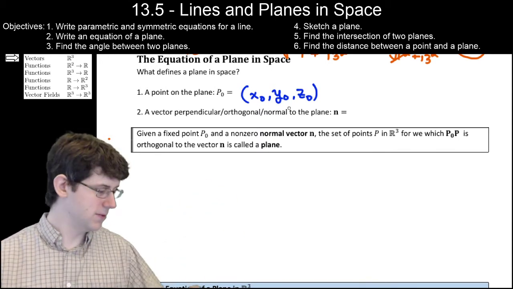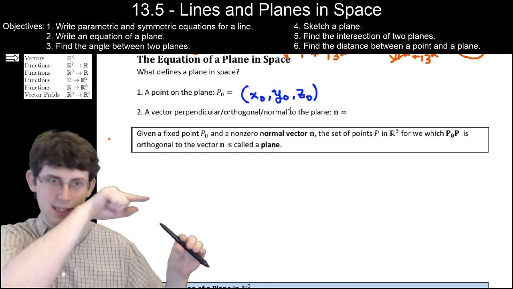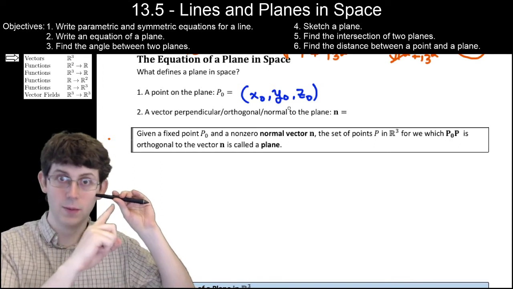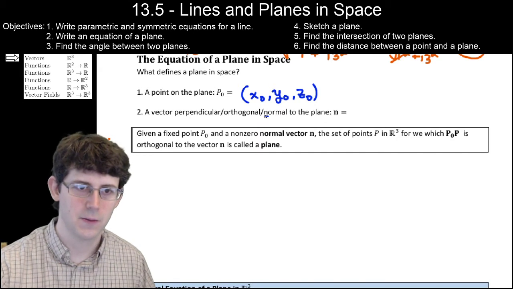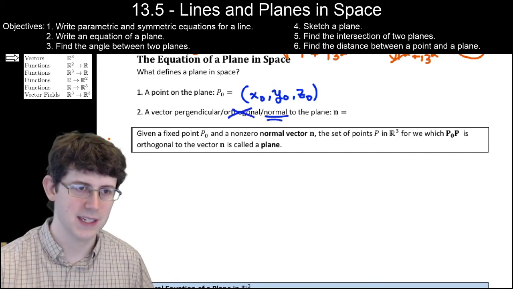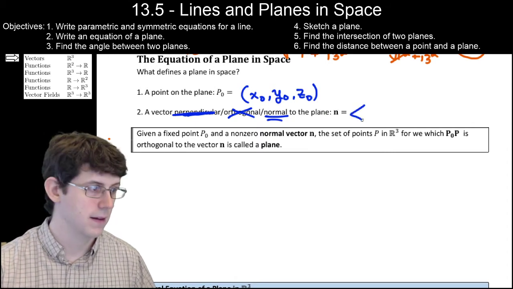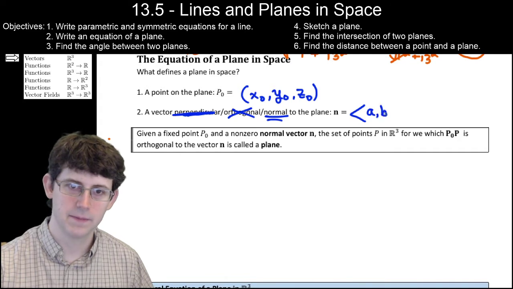So if you take your face and you point outward from your face at a 90-degree angle, you would say that this pen is normal to your face. You wouldn't say that it's orthogonal to your face. So this is a normal vector. This is wrong. This is okay, but let's do better. Normal vector n. Give it a name, probably ABC. Yeah, that seems fine.